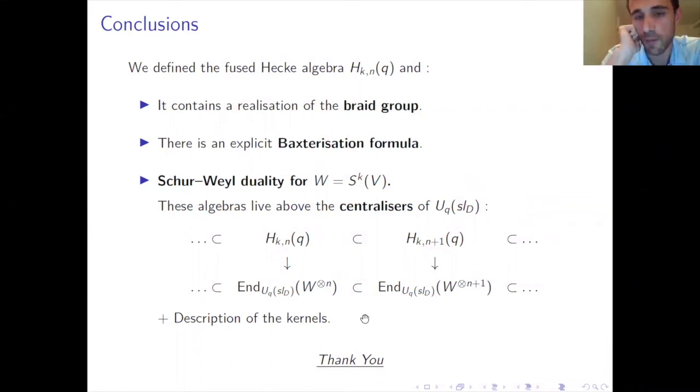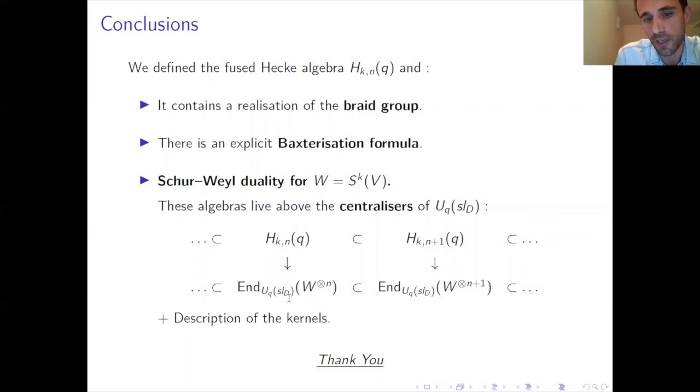Well, yes, so maybe I must say it again. Sorry if it wasn't very clear. In principle, we have this Baxterisation formula. So if we find the local representation of the fused Hecke algebra, we have solutions of the Yang-Baxter equation, possibly new solutions. But the way we construct them, we don't really have a new solution. We get the solution corresponding to the representation W of UQ SLD.